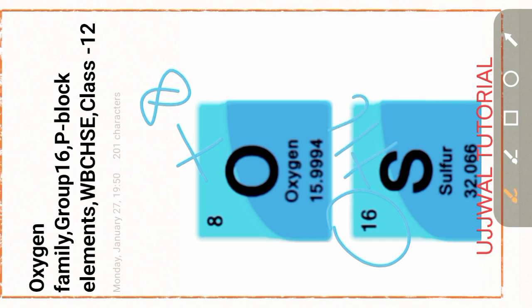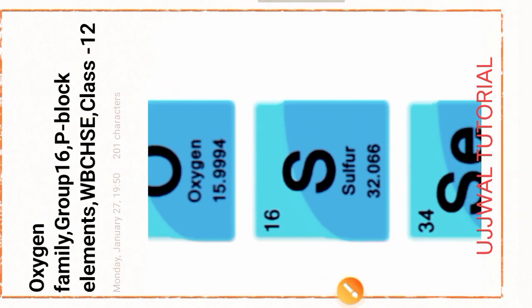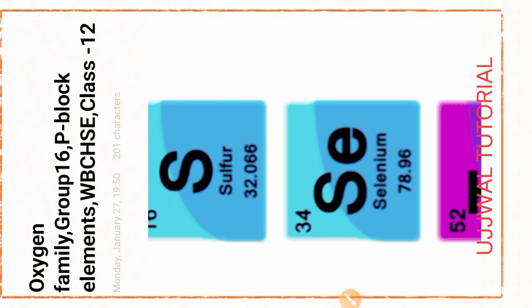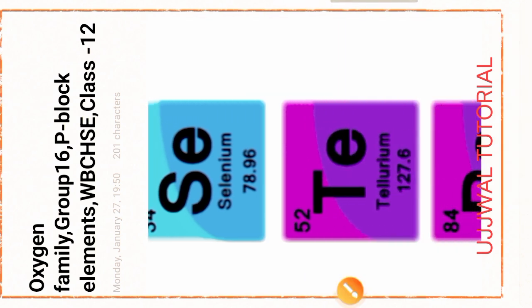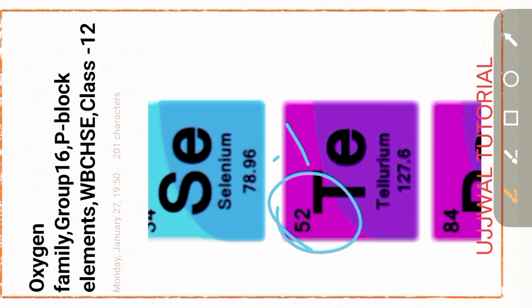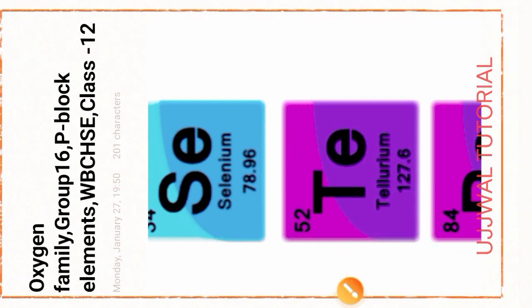Adding 18, the atomic number of selenium is 34. 34 plus 18, the atomic number of tellurium is 52. 52 plus 32, the atomic number of polonium is 84.